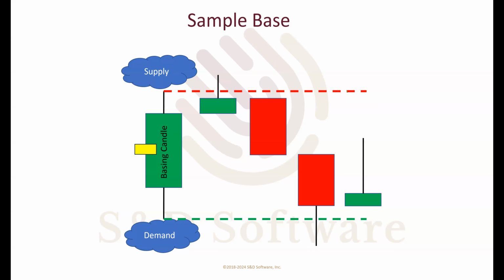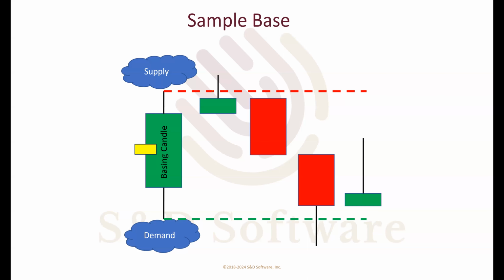You can optionally have it drawn at the high of the body of the base if you wish, but the default is to draw it in the traditional place at the top of the basing candle. On the bottom, we have the dashed green line. This is the base low line. Again, this is drawn at the low of the basing candle, and it represents the demand.